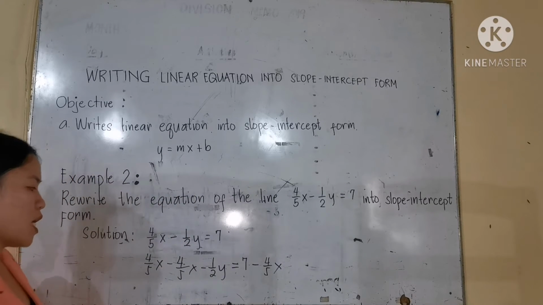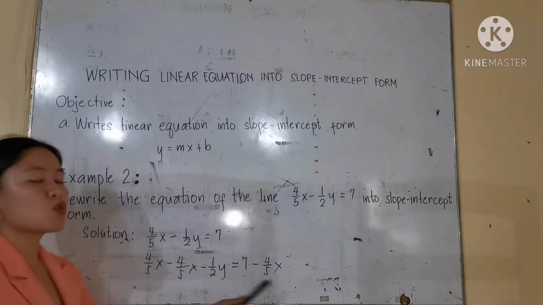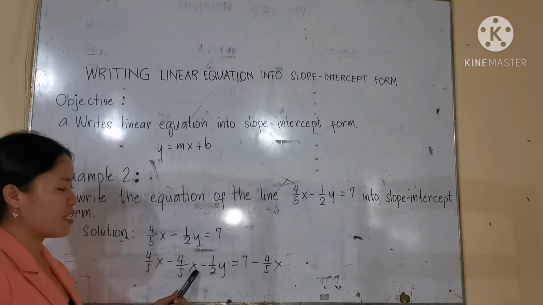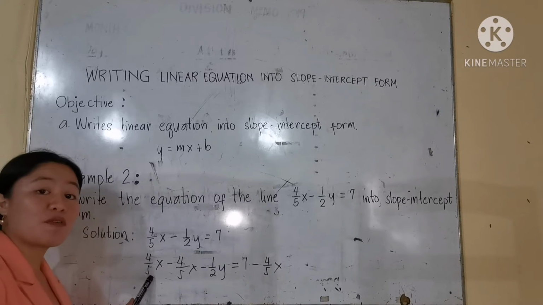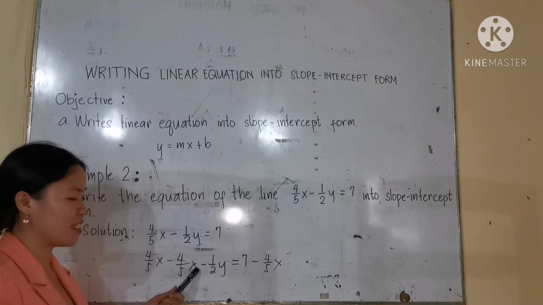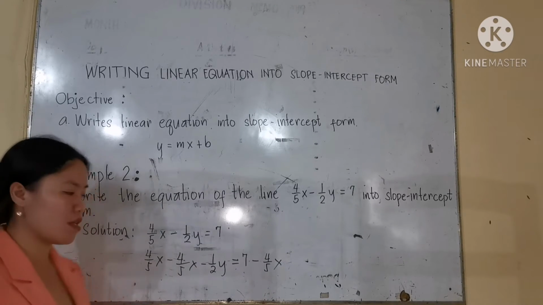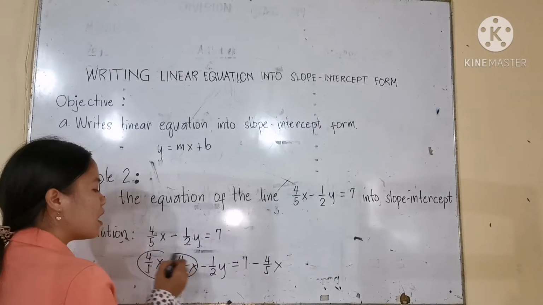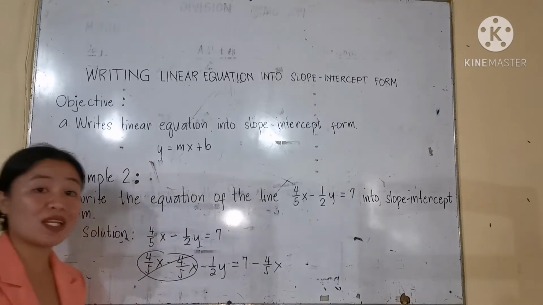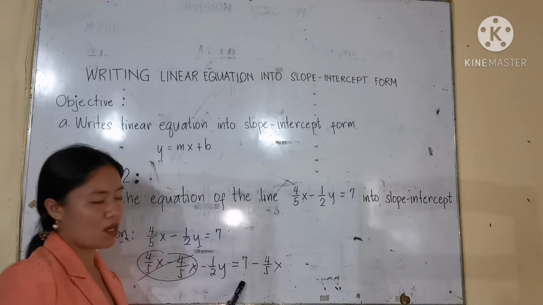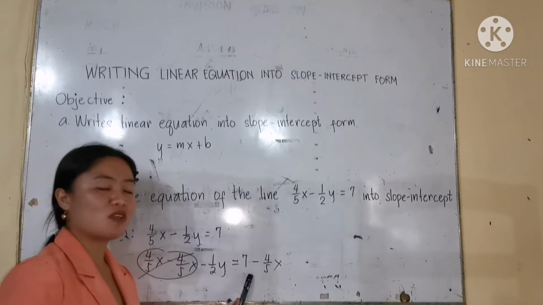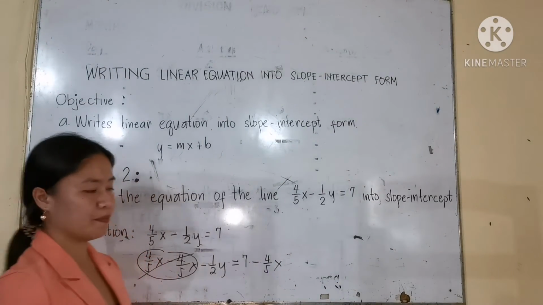Now, the purpose why we add negative 4/5 x is to eliminate this one. So 4/5 x minus 4/5 x equals 0. So this is now eliminated. What is left is negative 1/2 y equals 7 minus 4/5 x.